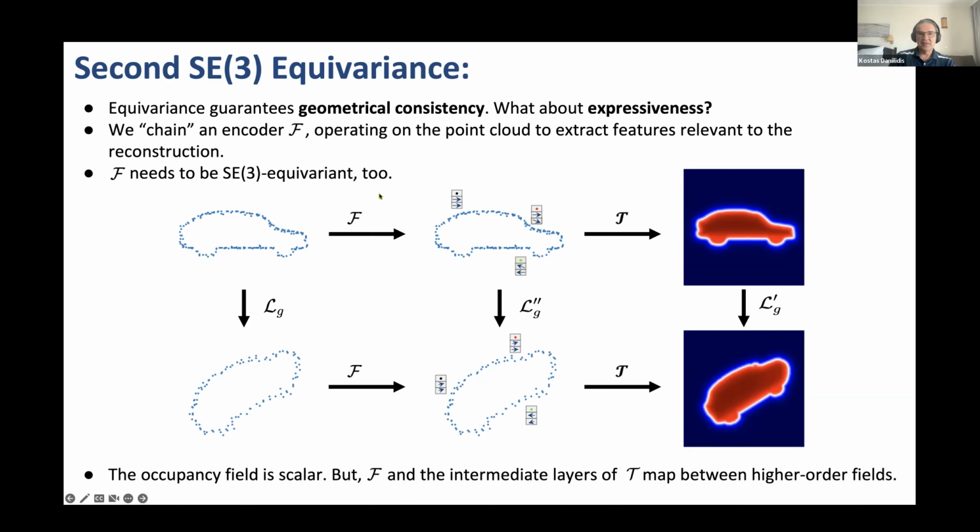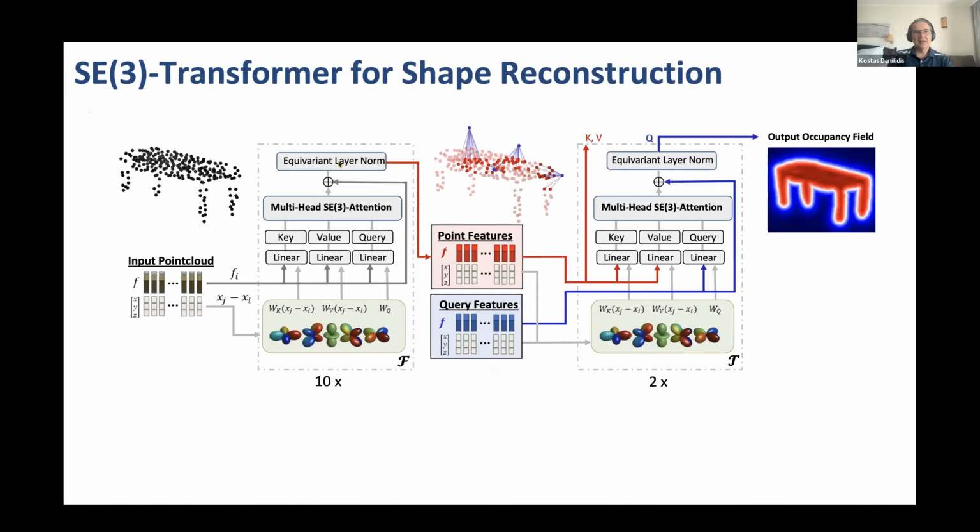While this occupancy field is scalar, we want both the encoder and the decoder, the coordinate-based network, to be higher order fields, because higher order fields are much more expressive. So not being just scalars, but vectors, matrices, and more generally tensors. So to satisfy all these properties, we propose the first SE3 transformer for shape reconstruction.